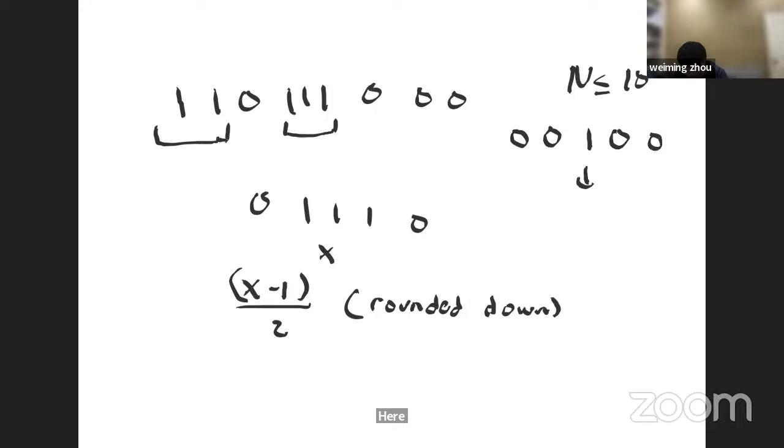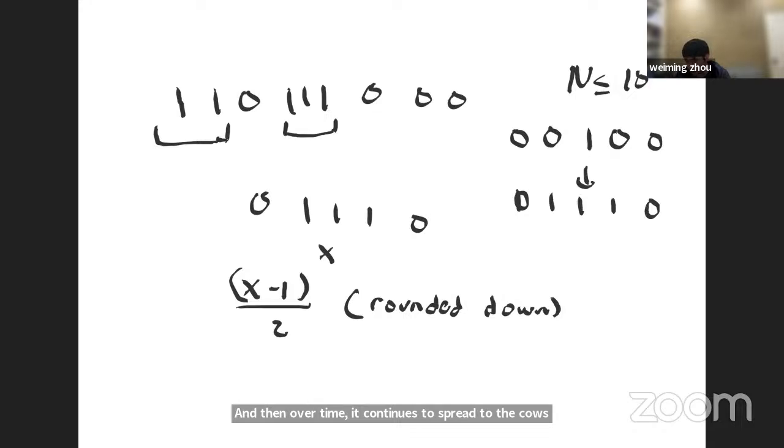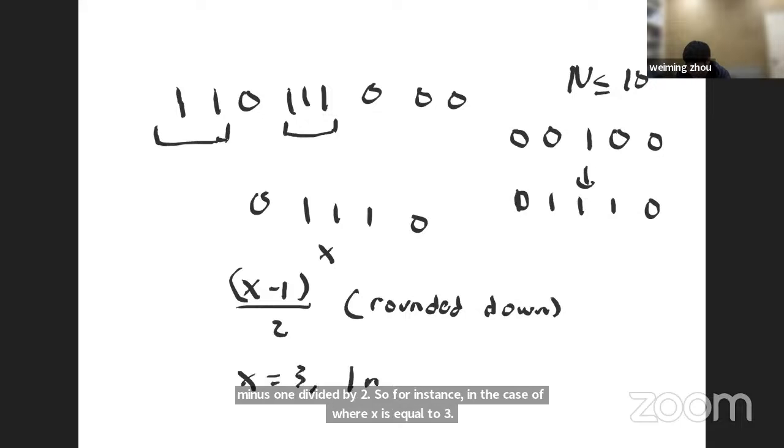And then over time it continues to spread to the cows next to it until eventually it covers the entire length of the clump. The number of days this takes is equal to x minus 1 divided by 2. So for instance, where x is equal to 3, this would take 1 night.